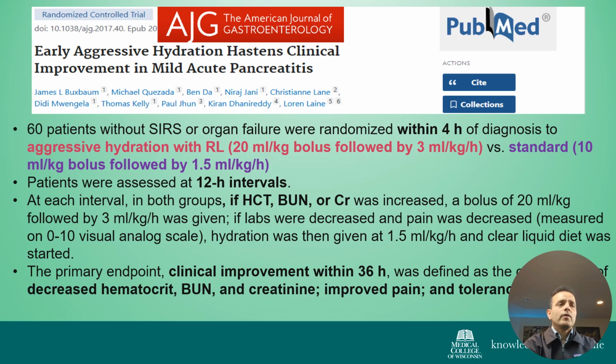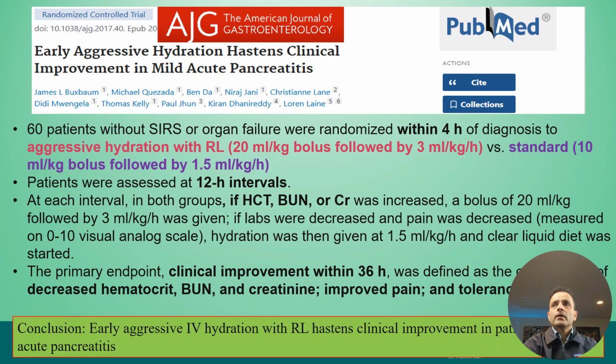The primary endpoint was clinical improvement within 36 hours, defined as a decrease in hematocrit, BUN, or creatinine, and also improved pain. They found that early aggressive IV hydration with ringer lactate hastens the clinical improvement in mild acute pancreatitis.